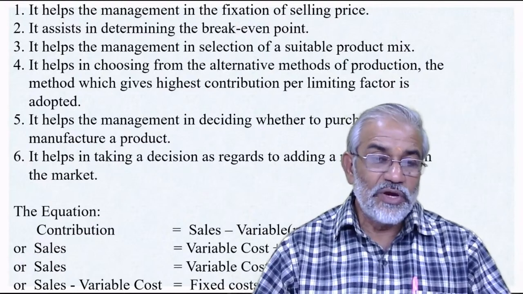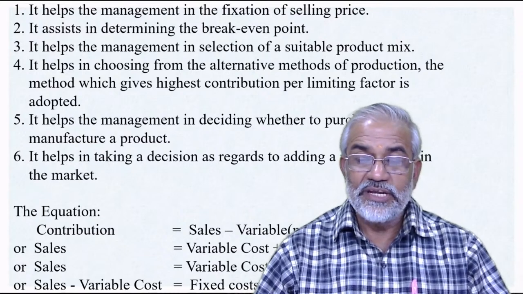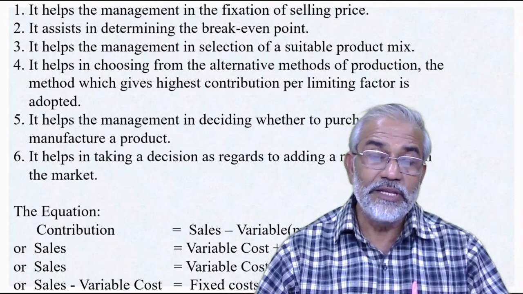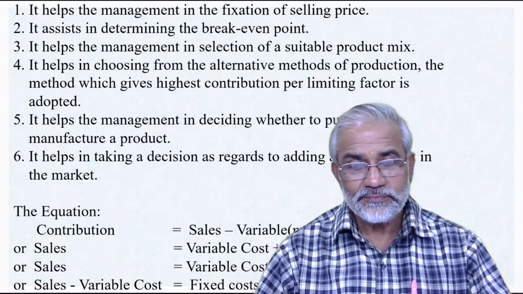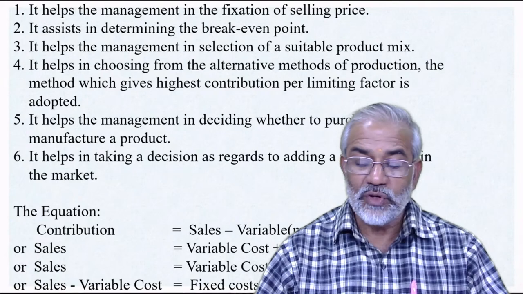That means when the coffee shop owner is able to sell 25 units of cups of coffee per day, it will be at break-even. That means its total revenue would be equal to total cost, or you can say there is no profit, no loss.